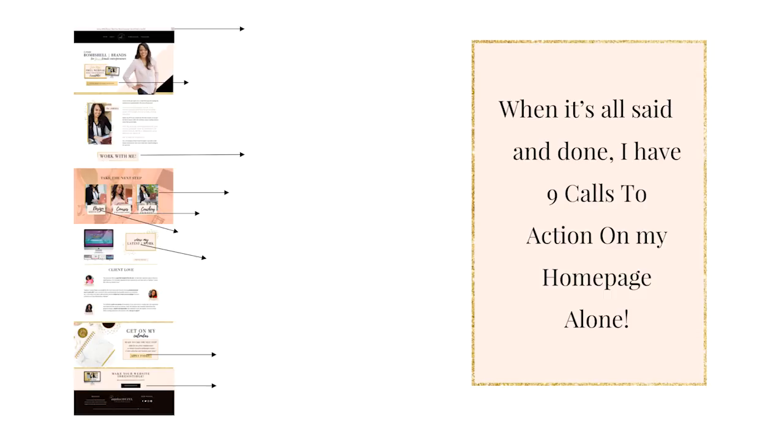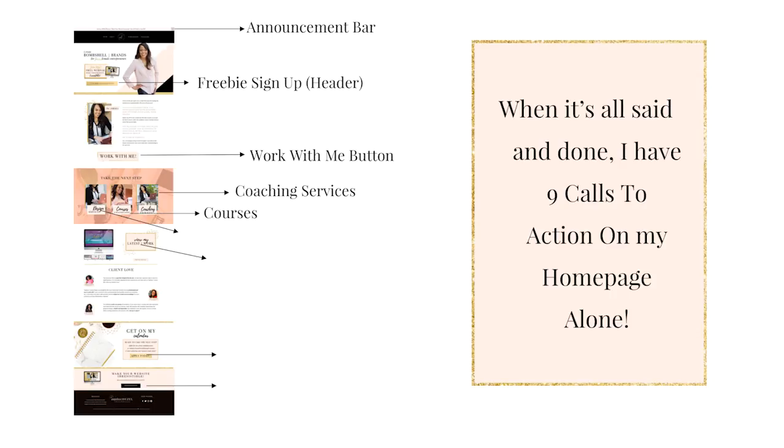Just to give an example, I have an announcement bar to get people to sign up for the slots of design I have available for the month. I have a freebie sign up in the header. I have a work with me button right after the quick about me portion. I have coaching services, courses, design, all laid out for people as clickable options there.